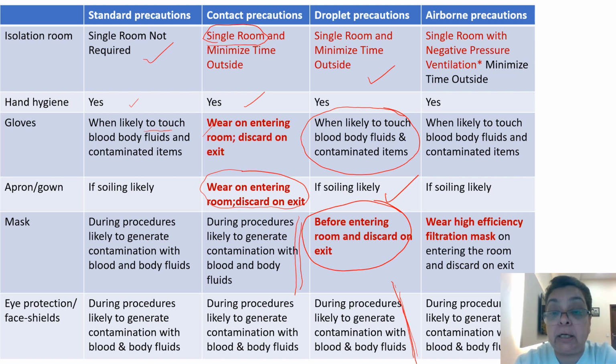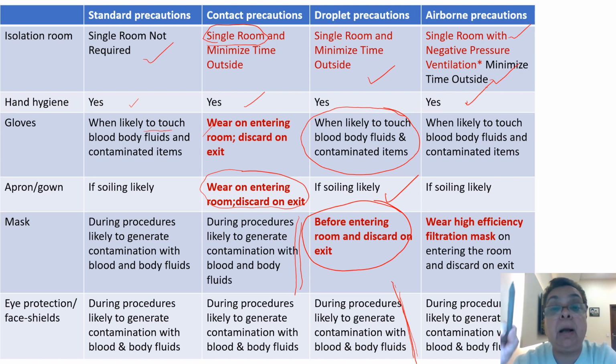Lastly, airborne precautions. Again, a single room which is special. Negative pressure ventilation is there. Okay, and minimize the time outside. In case the patient has to be taken outside, then the patient will be asked to wear a mask. Hand hygiene, yes. Gloves to be worn when likely to touch blood, body fluids, and contaminated items. Apron and gown to be worn when soiling is likely. What is the mask we are going to don?